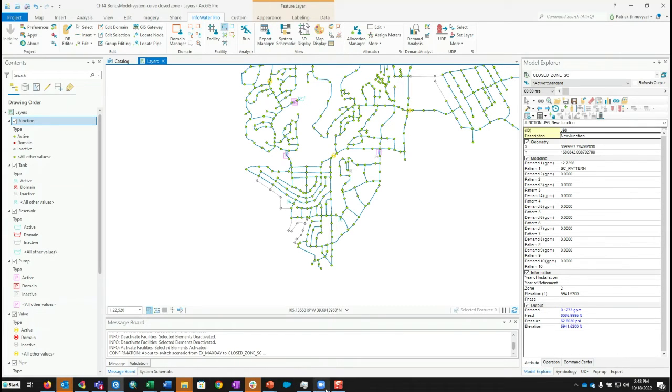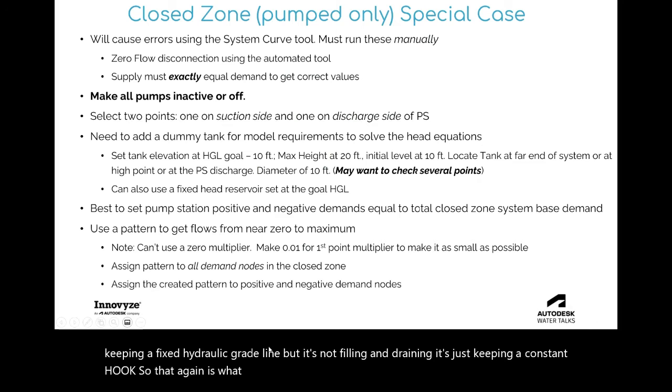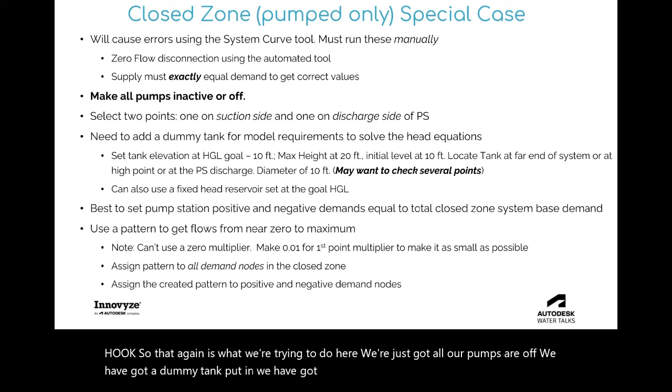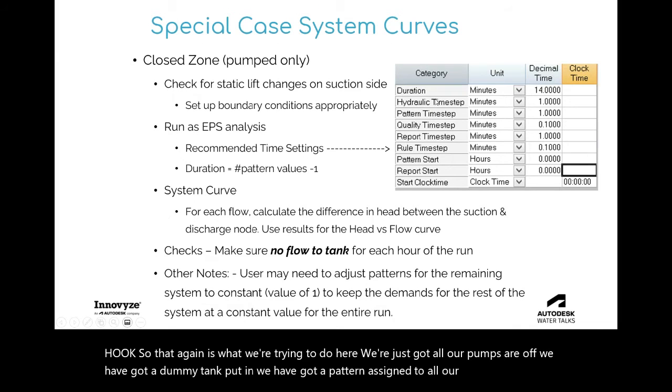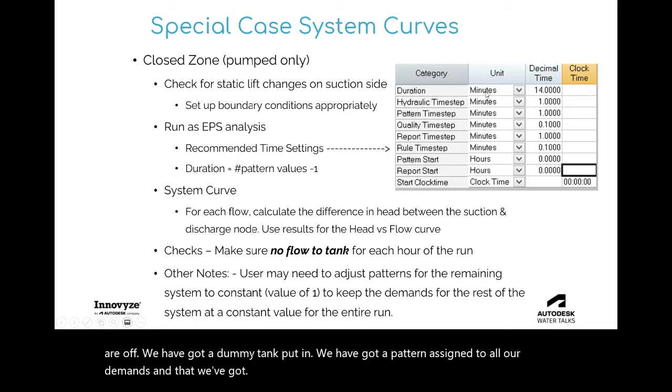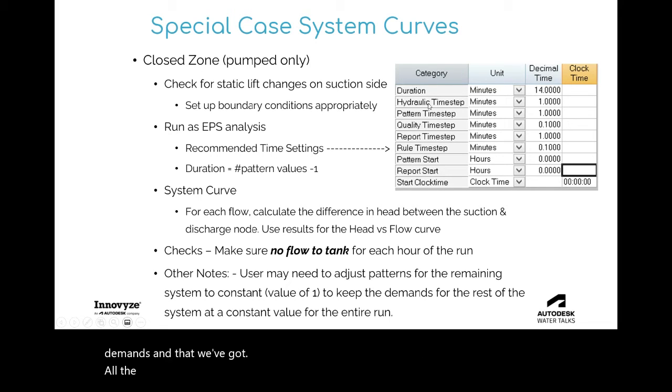So that again is what we're trying to do here. All our pumps are off. We have a dummy tank put in. We have a pattern assigned to all our demands, and we've got all the operations set up just like this. And so now we're ready to run our system curve.